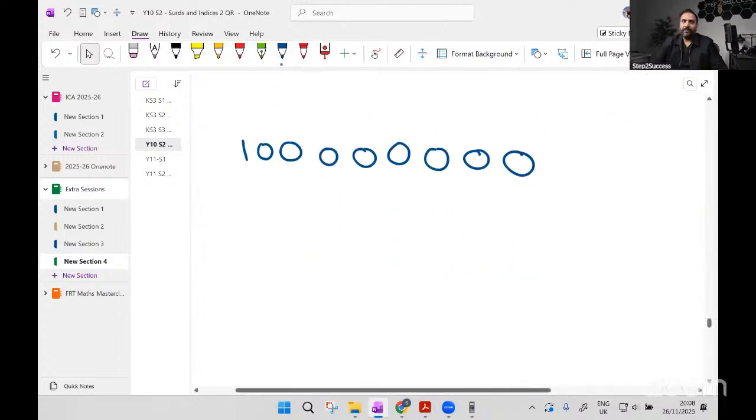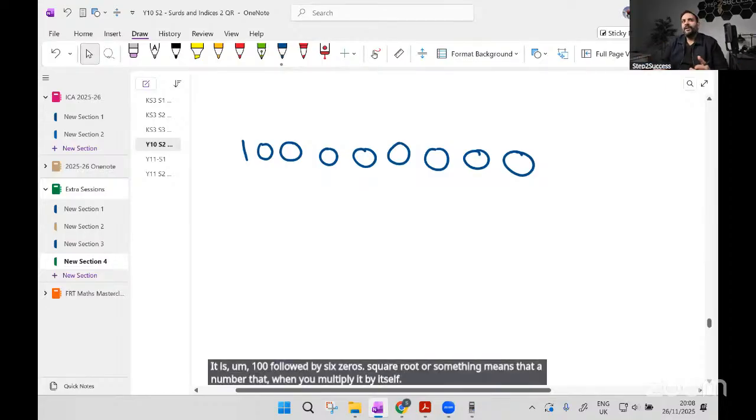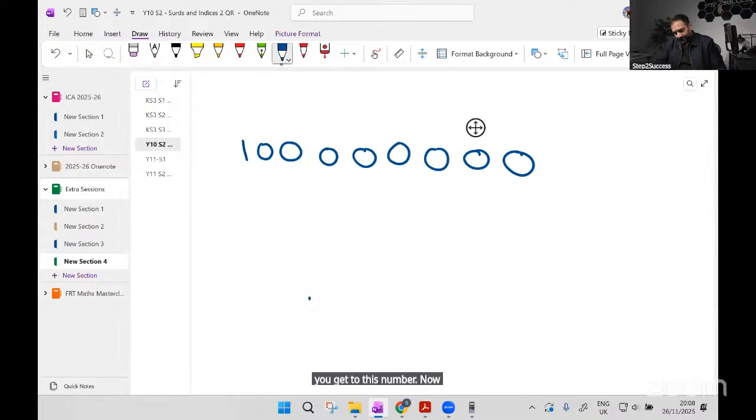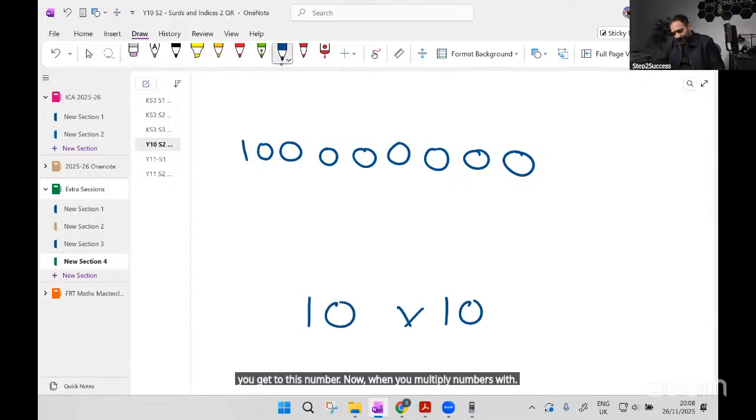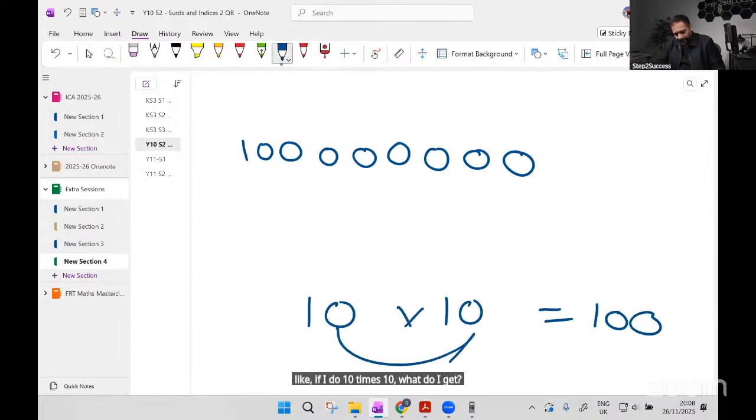Square root of something means a number that when you multiply it by itself, you get this number. Now, if I do 10 times 10, what do I get? I get 100, right? So however many zeros there are just end up in the answer.